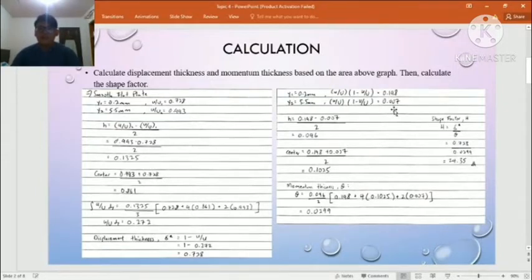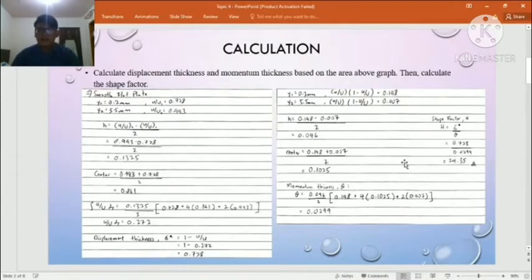For y2, we get 0.07. Same steps, we find h, find the center, which is 0.096 and 0.1025. We can find the momentum thickness using the same formula as the previous one, and we get 0.0299.